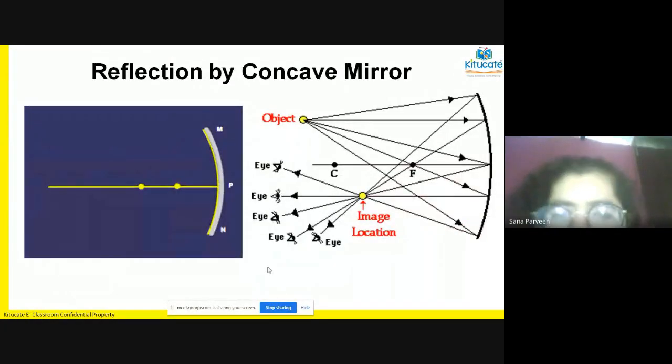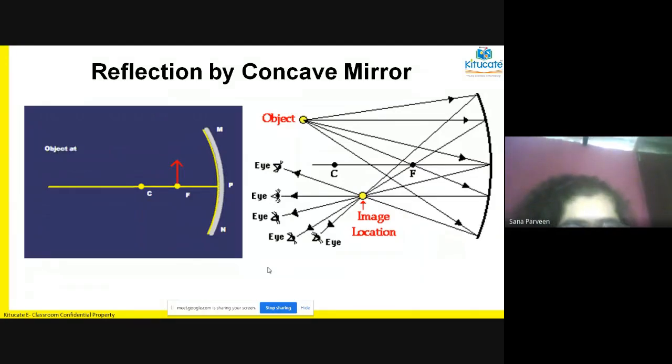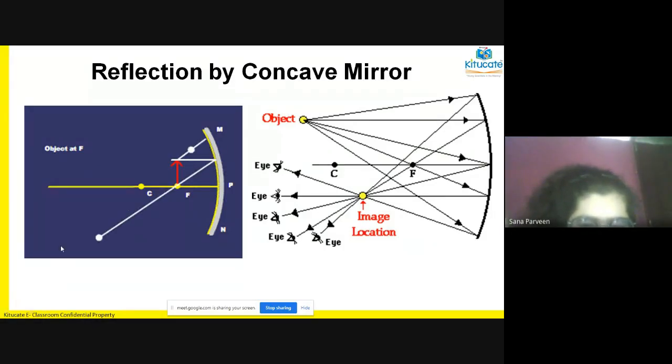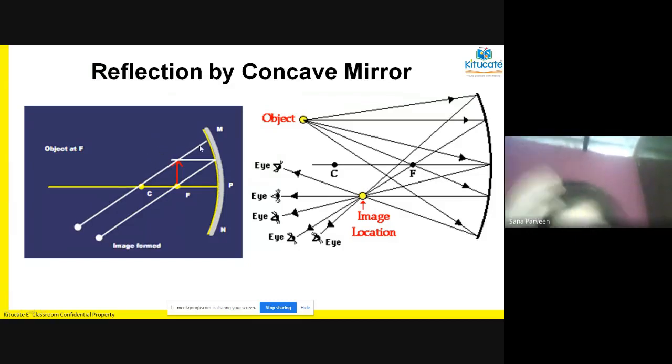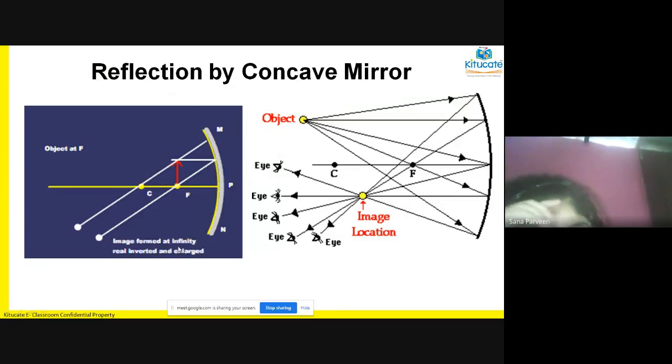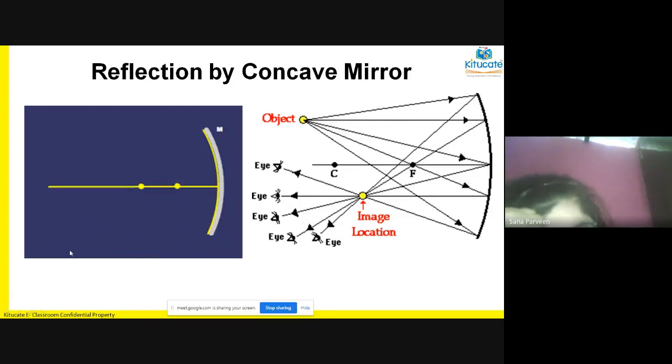Reflection by concave mirror. Again, there's a very beautiful GIF here, and we will have a look at it. The object is there, the light ray is getting reflected, one more light ray is getting reflected, two light rays getting reflected, and an image is formed very far away.